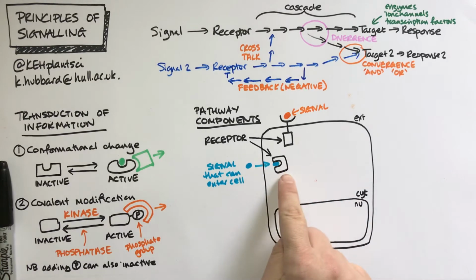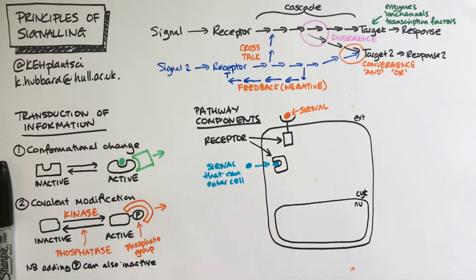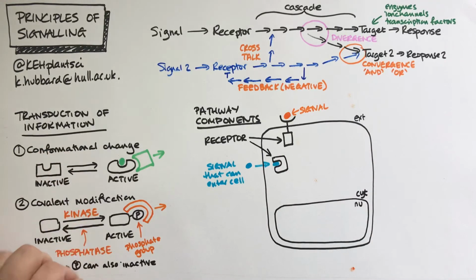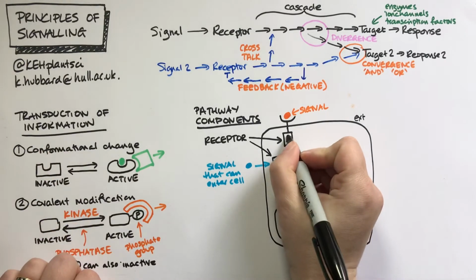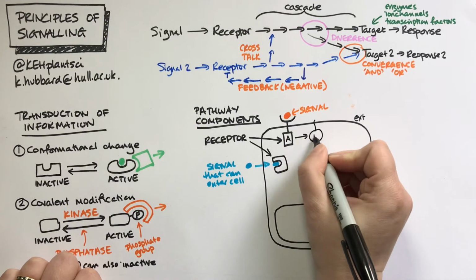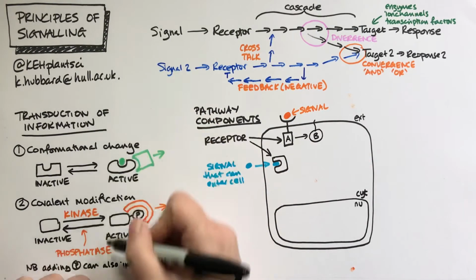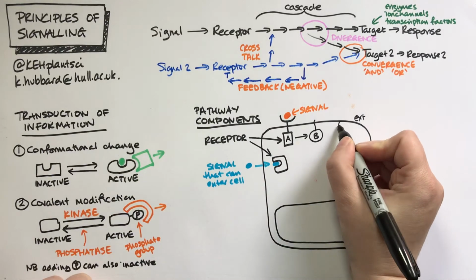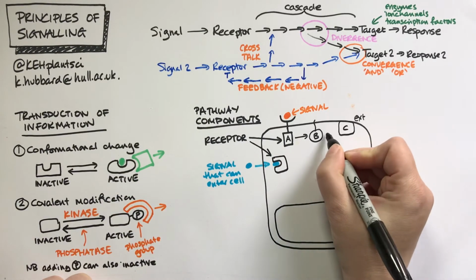If it can get inside the cell, then we have an intracellular receptor. So not all receptors are at the plasma membrane. Let's call this protein A. That would then go and activate protein B through either of these mechanisms, conformational change or covalent modification. We then might have another protein C.